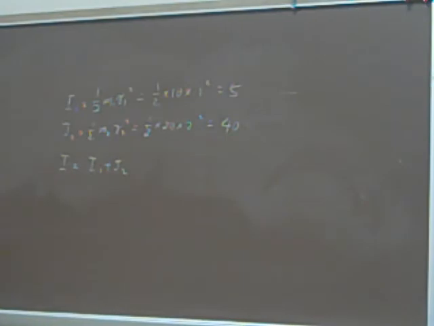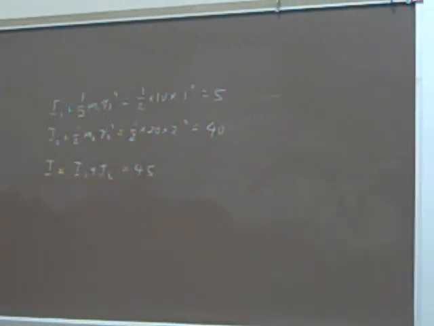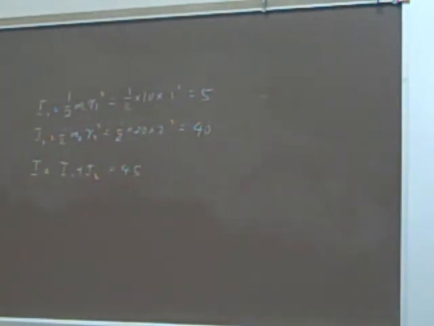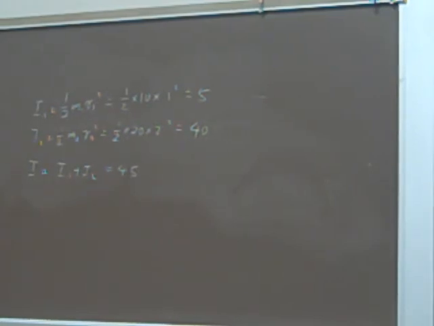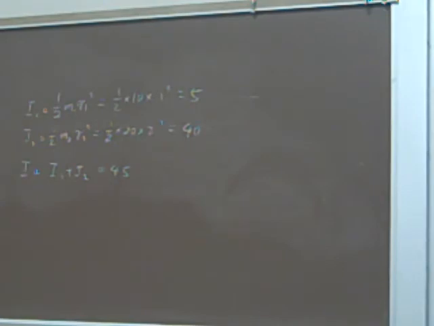If you have several different parts, the total is simply the sum of each individual part. You can add it, so it's 45. And then you put all these numbers together, you can calculate the final angular momentum, right? Final speed. Any question here?